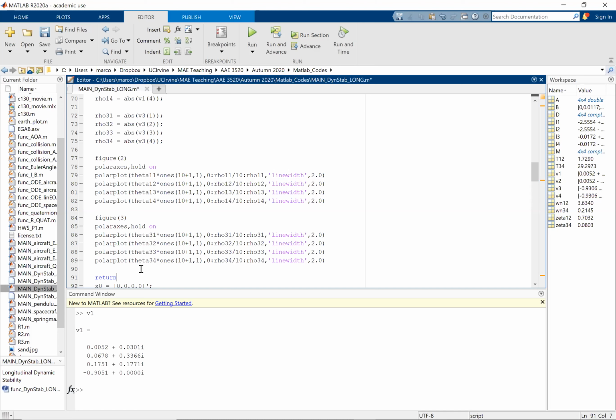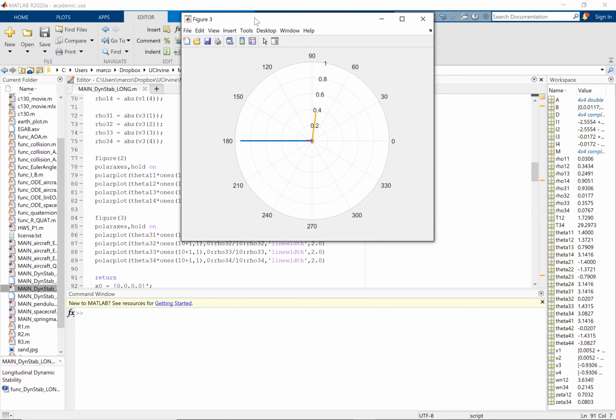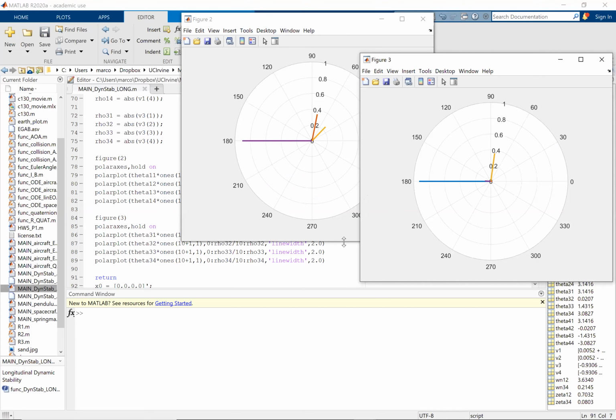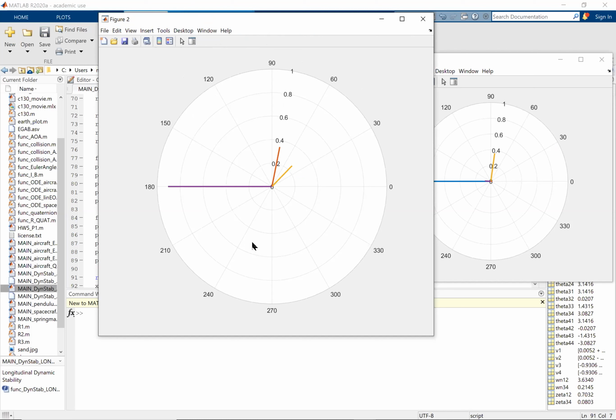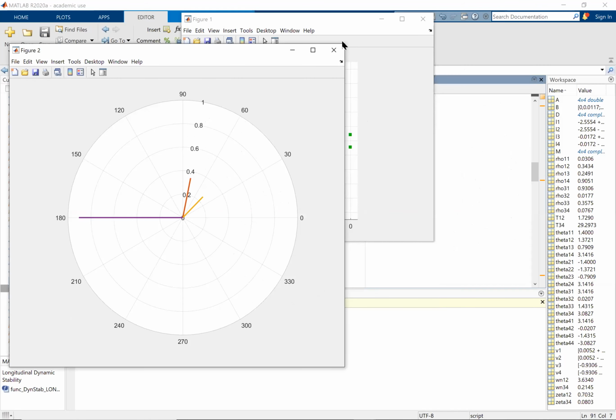And that's because, once again, they come from pairs of complex conjugate eigenvalues. And let's see what we get. You should already know that because I've attached these plots in the notes, but this is how you find the phasor plots. So figure 2 is for the short period mode, and then figure 3 for the phugoid mode.